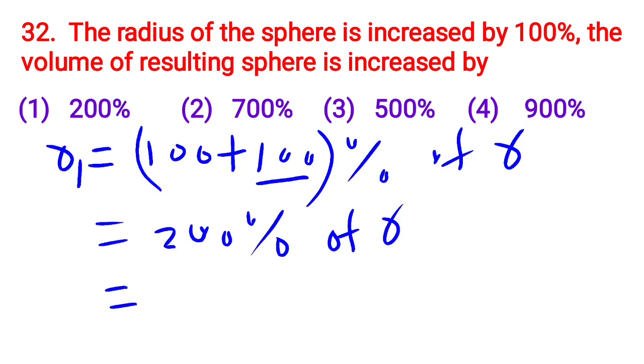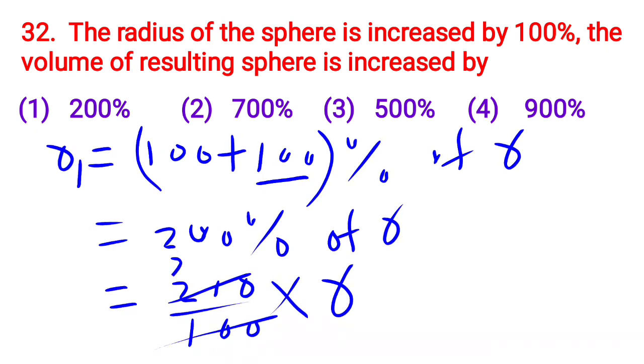The percentage can be written in fraction form: 200 by 100 times R, which equals 2R. So the resulting radius is 2 times the previous radius.